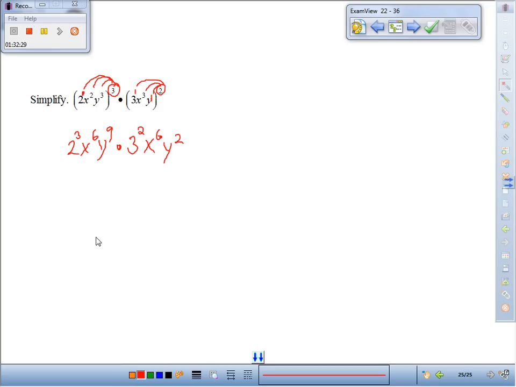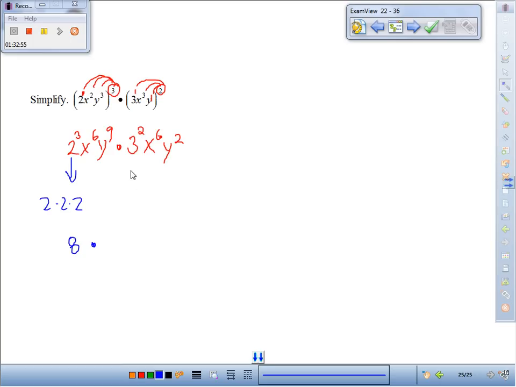Are we there? Okay, so once again, focus please. Notice that there's no addition and subtraction, it's all multiplication. So I'm going to start with the numbers first. I'm going to simplify the numbers. What is 2 cubed? That's 2 times 2 times 2, which is 8.